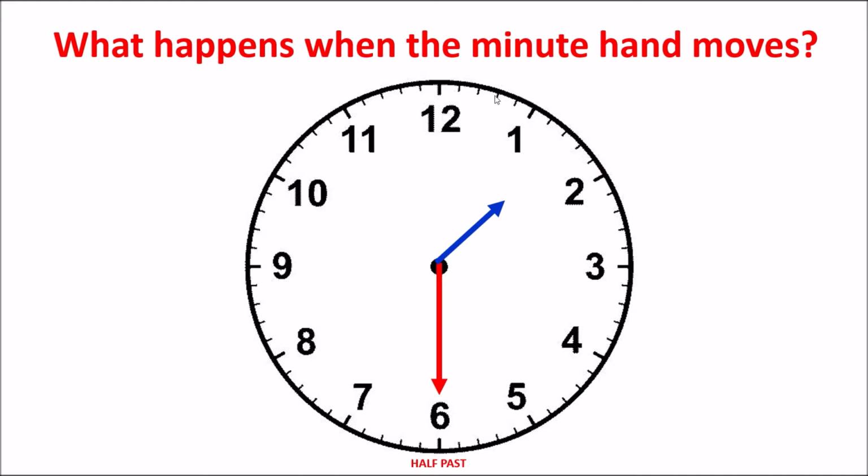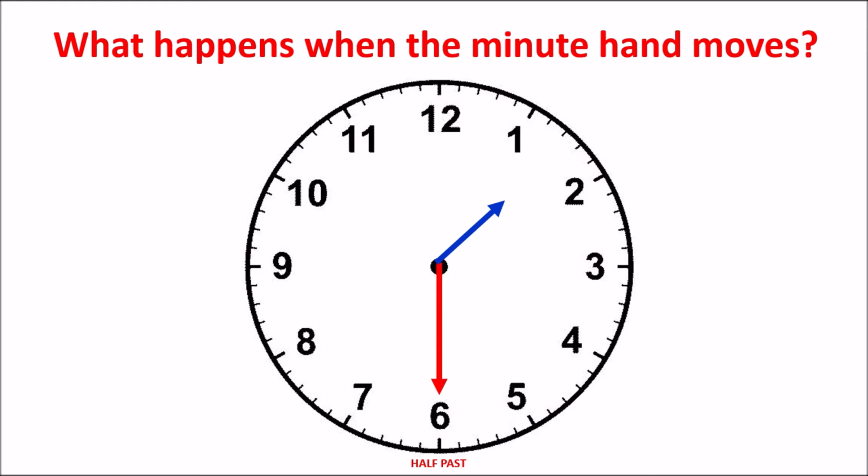There are 1, 2, 3, all the way up to 30. 30 minutes have passed. And now it's not 1 o'clock anymore. It's 30 minutes past 1.